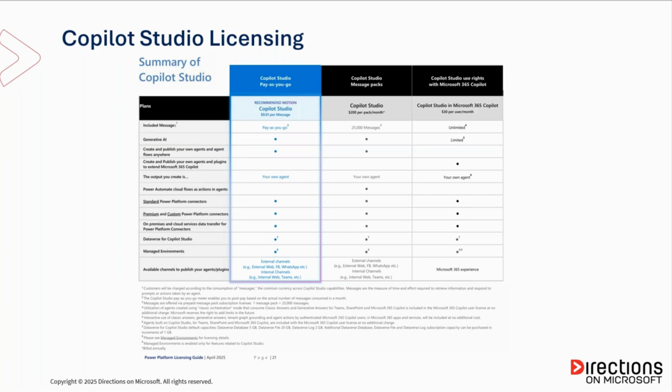And packs are shown in the middle column here. Only one pack size is offered right now. It includes 25,000 messages for $200. This rightmost column shows that users with a Microsoft 365 Copilot license get a substantial amount of free agent usage as long as the agents are used from within Microsoft 365 Copilot, or actually Teams or SharePoint as well.